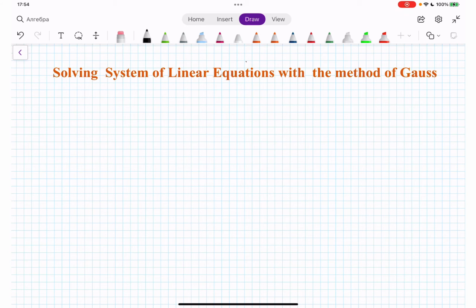Therefore, the Gauss method is the universal method that can be used for solving systems of linear equations with one solution, with many solutions, and with no solution.